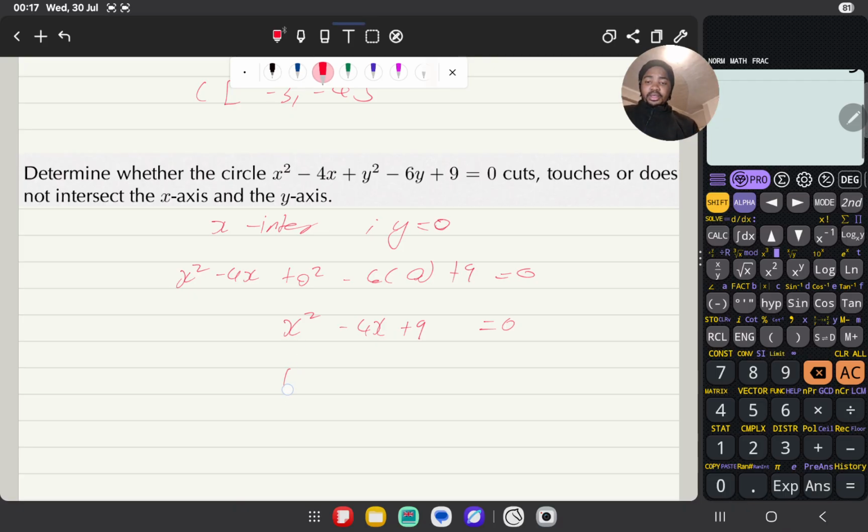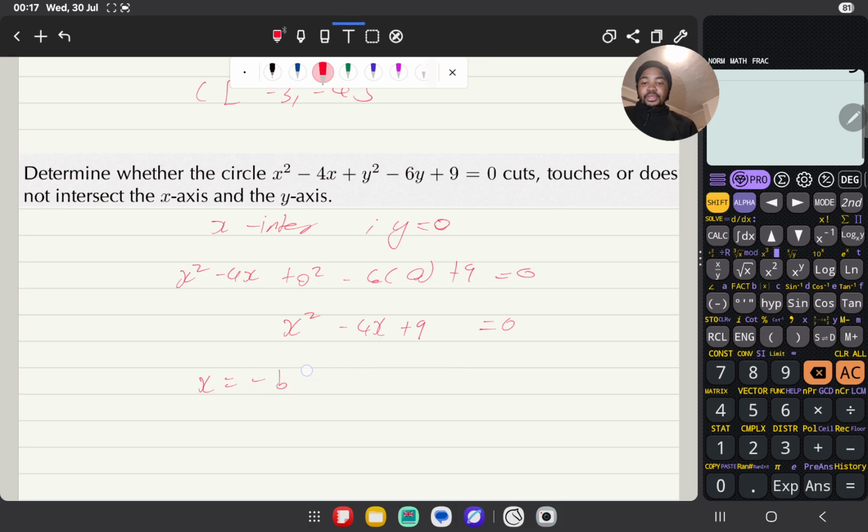And by the way, let me see. I have 1 and 9, and then I have 3 and 3. Okay, so this one I can't factorize the normal way, so I'm going to use the quadratic equation.